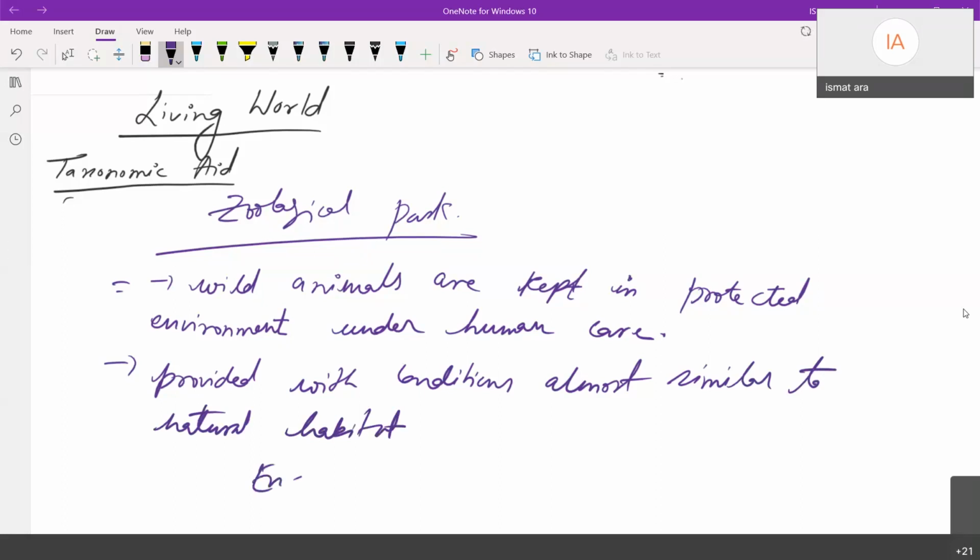Example, Kruger in South Africa. It is the largest zoological park of the world.